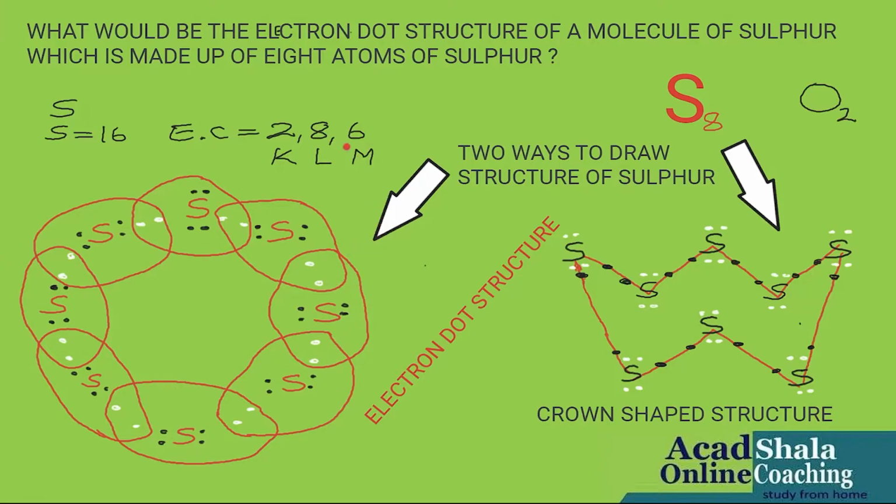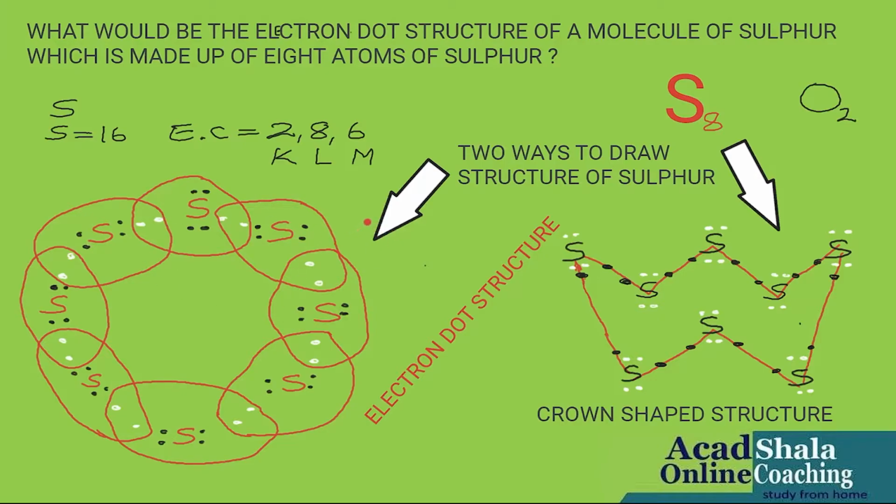Now we see that the electronic configuration of one sulfur is 2, 8, 6. For another sulfur, again it will be 2, 8, 6, and the same for the third, fourth, fifth, sixth, seventh and eighth. So I have written only one electronic configuration, which applies to each and every sulfur atom in the sulfur molecule.